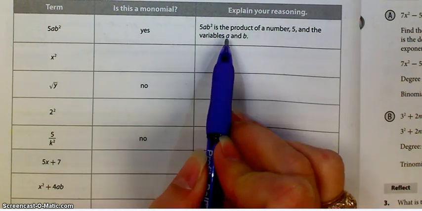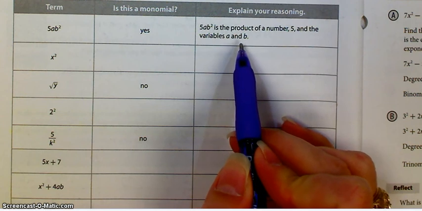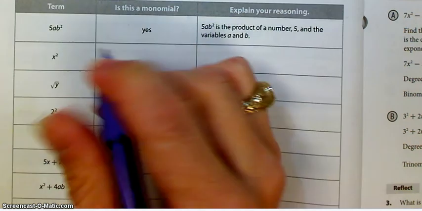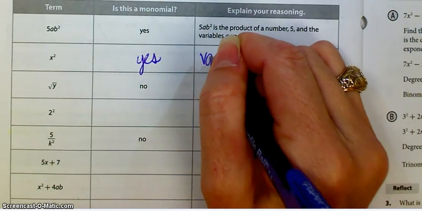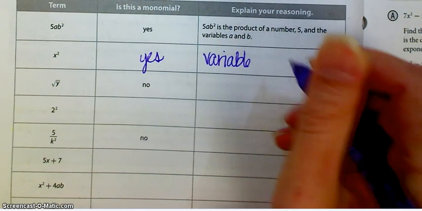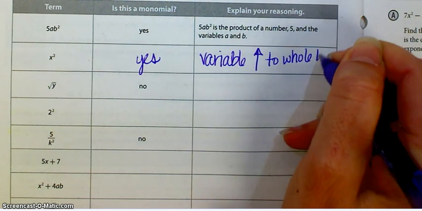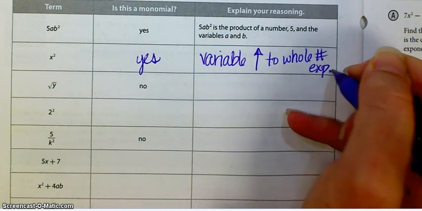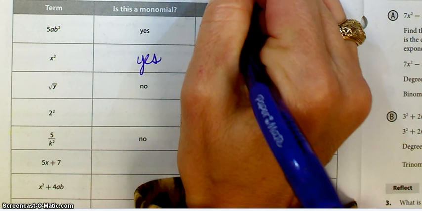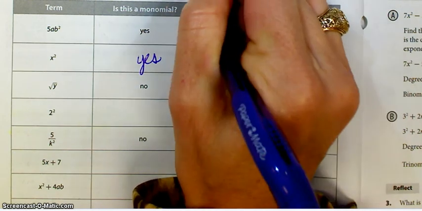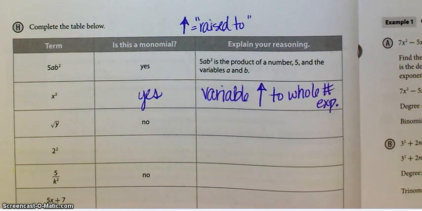We said yes, it's a monomial because it's the product of a number and variables, and the variables have exponents raised to whole number powers. All right, is this a monomial? Yes. It is a variable raised to a whole number exponent. Okay, my up arrow just means raised. What about the square root of y?